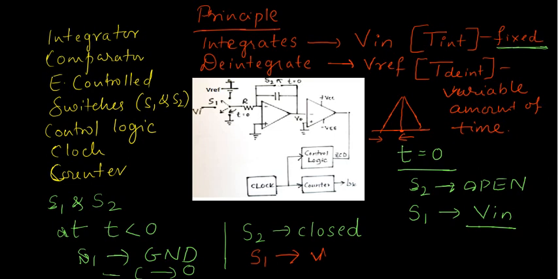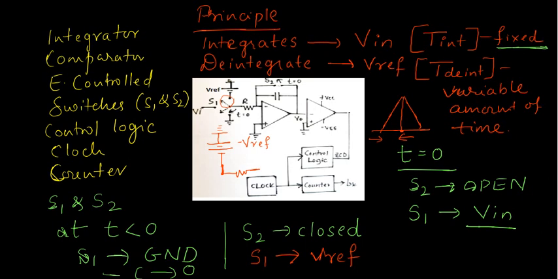You can see here this S1 is now thrown to V reference, where your V reference is a negative voltage. Please look here, it is something like this. So now the switch is connected to V reference, this is the ground here, right? So this is minus V reference, and this is your R1, and it will continue like this, right? So your S1 is now thrown to the V reference point.